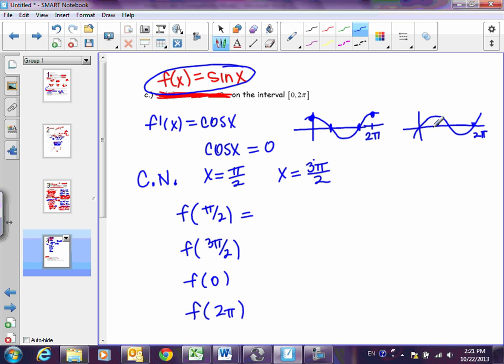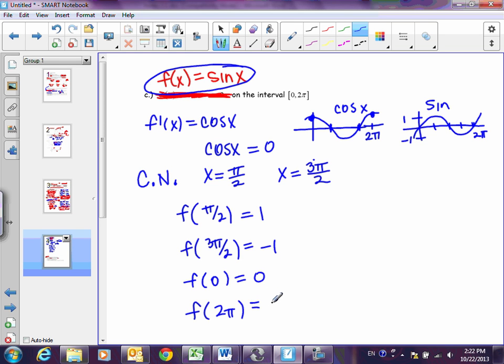So at 90, 180, 270, 360, or pi over 2, pi, 3 pi over 2, 2 pi, what is sine? This one was sine, and over here was cosine. What is sine of 90? Yeah, it goes up to 1, it goes down to -1, and the middle 0. So that's 1. Okay, what's sine of 3 pi over 2? -1.